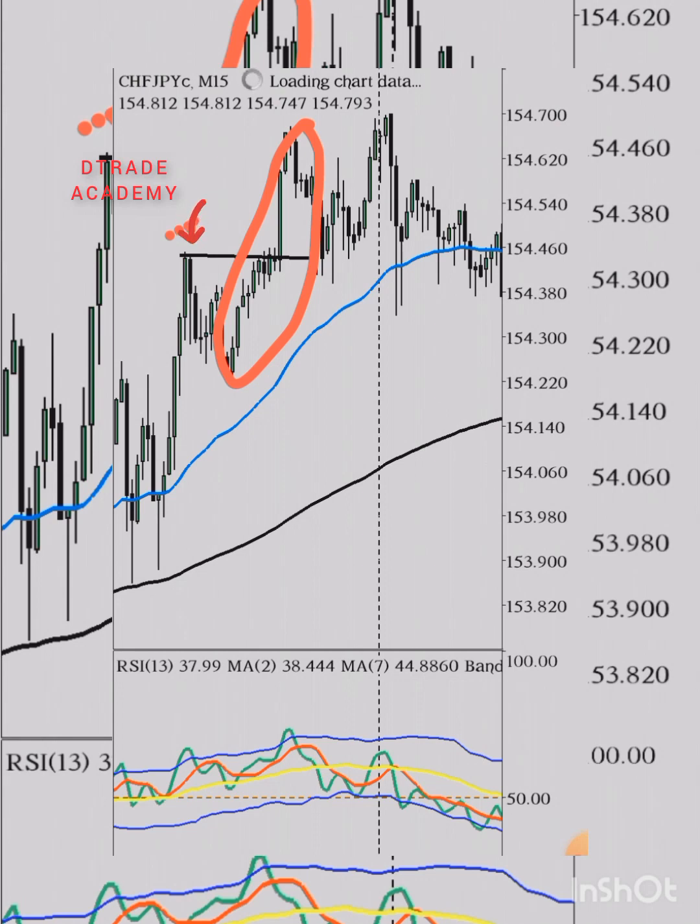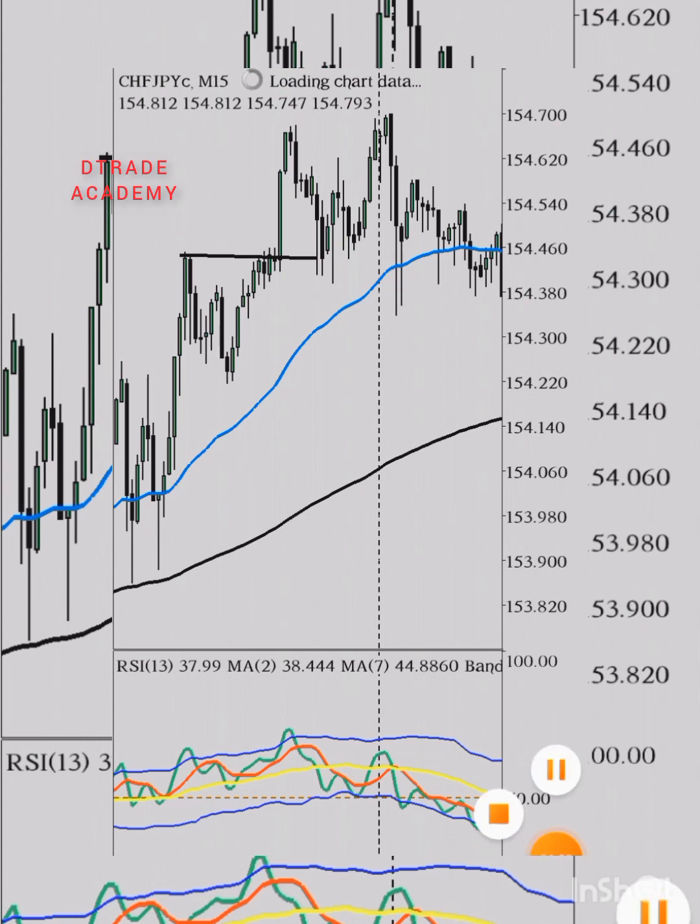Now after breaking the high, we expect market to do what? To reverse. So this reversal is the second phase of the market. So after a break of structure, we expect what? A reversal.